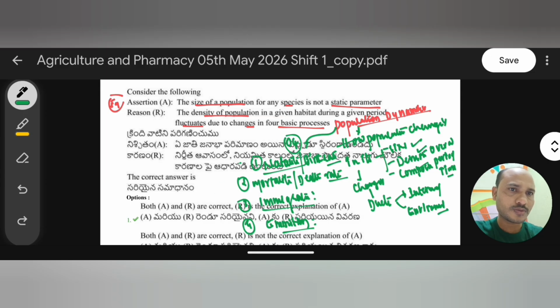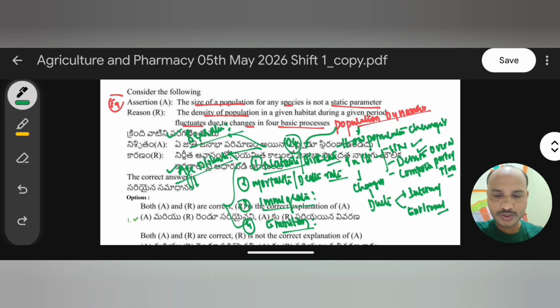Not only these four basic processes, but there are also two important factors that contribute to population dynamics. Like sex ratio, the percentage of males and females in a population. And one more important thing, that is age distribution. This age distribution also contributes to population changes or population dynamics.